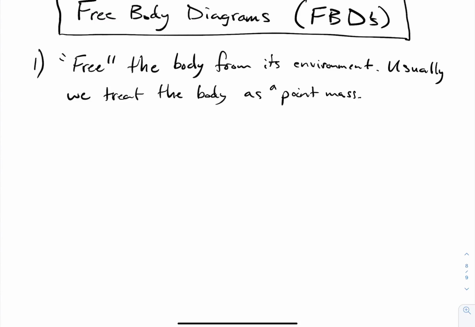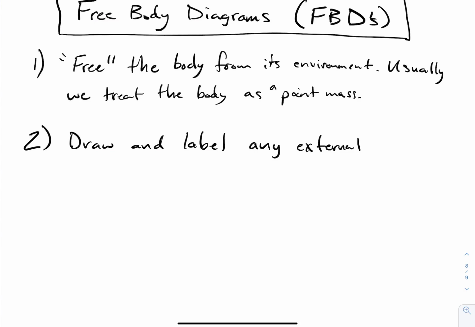and that would represent the body. The next step, once we have a drawing of our body, we need to draw and label any external forces acting on the body. And so that would exclude any internal forces, which may sound kind of silly, but those exist, like the forces that happen in your body that help you keep your shape.